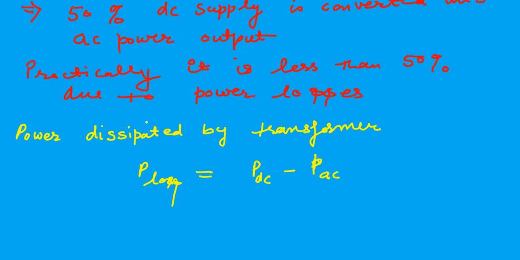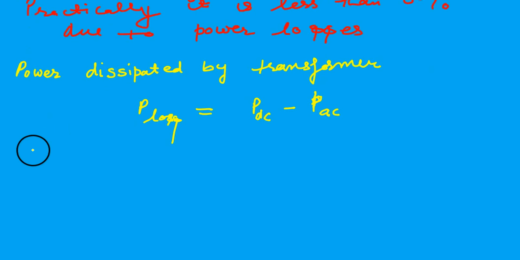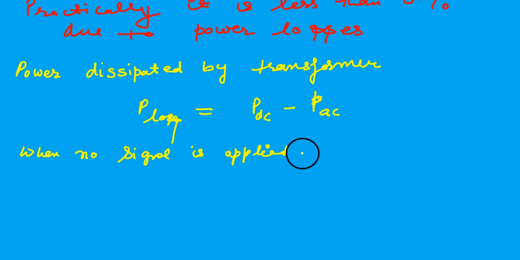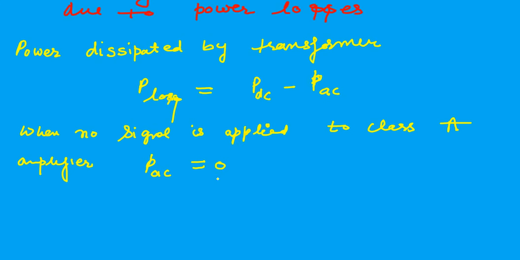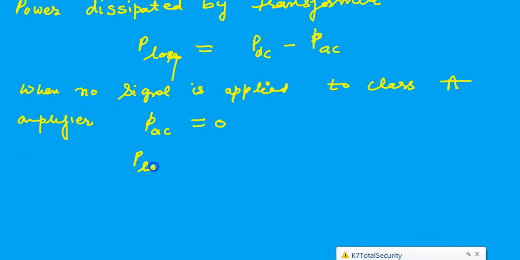Now one thing more, suppose there is no input signal, that is a zero signal, then the losses will be equal to the DC power. So DC power is actually the loss.